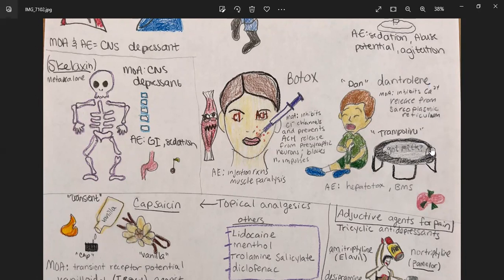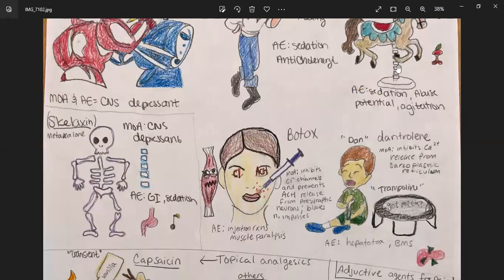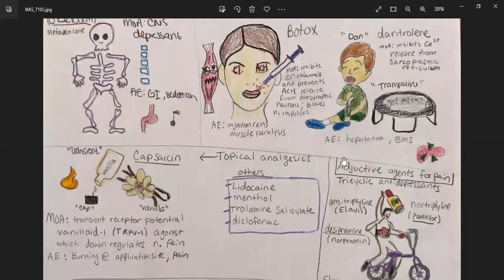And it says got milk because milk has calcium in it, and so it inhibits calcium. And maybe he had calcium that was inhibited, and that's why he broke his bone. Adverse effects are hepatotoxicity. And I abbreviated this, and now I don't remember what it stands for. Bone marrow suppression. That's what that is, bone marrow suppression.